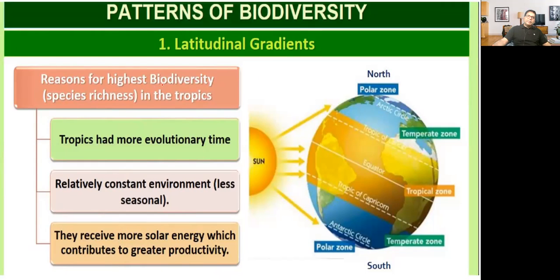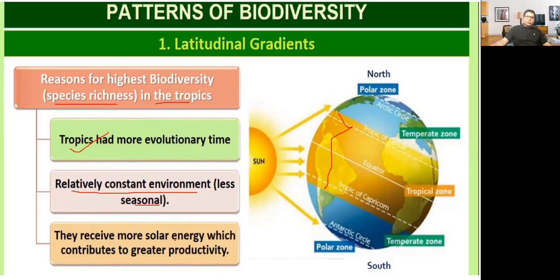The reason for the highest biodiversity, meaning species richness, in the tropics is that the tropics had more evolutionary time. This region also has a relatively constant environment, with less seasonal fluctuation.